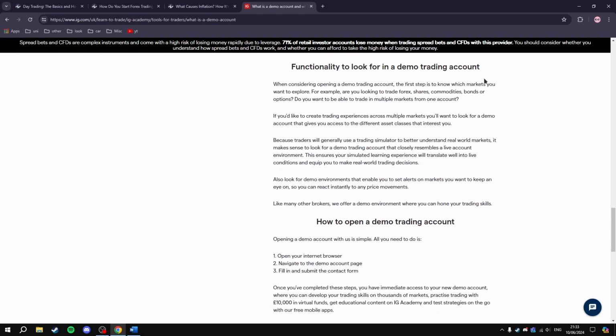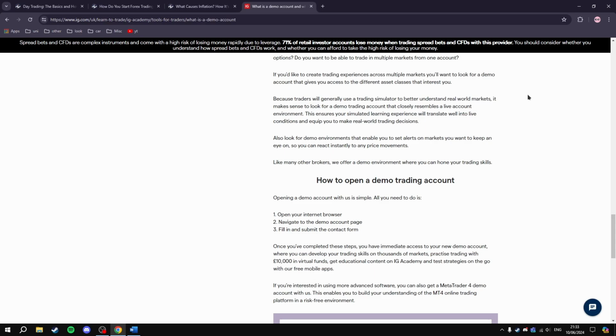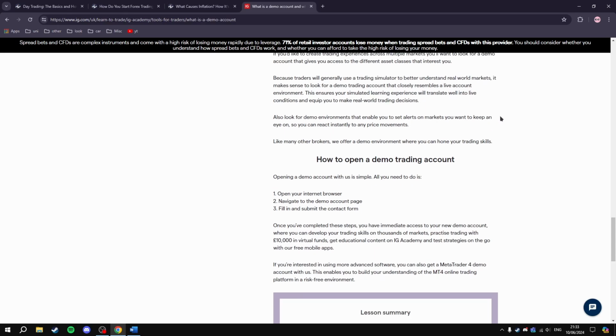And then we looked at some of the functionalities to look for in a demo account. If you're trying to trade in multiple markets, are you able to trade in multiple markets from that one demo account? You might want to look for a demo account that gives you access to different asset classes that interest you.